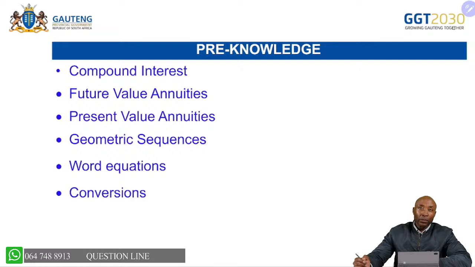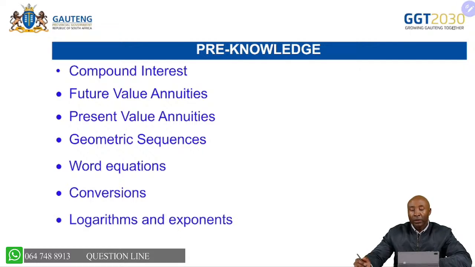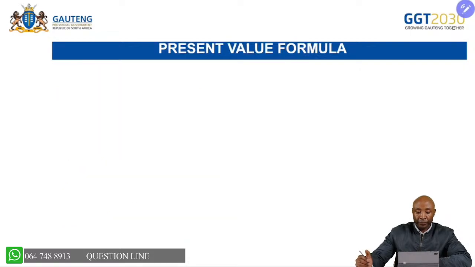We should be able to solve word equations because in financial maths we have lots of statements that we should interpret correctly, and we apply our mathematics. We should be able to do conversions from percentage to decimal and so on. We should be able to use logarithms and exponents. We shall see this when we are calculating the value of n.